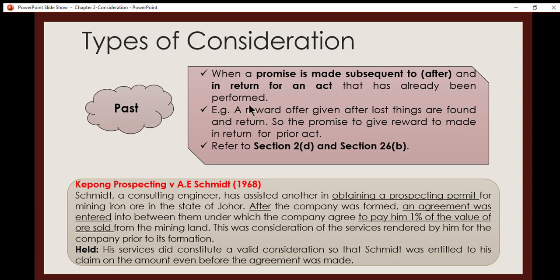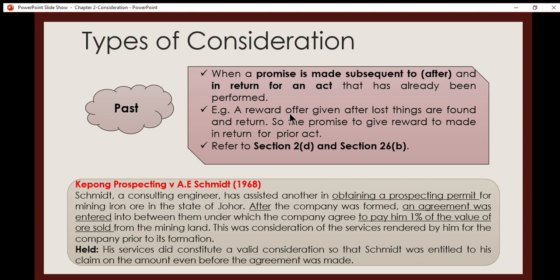For example, a reward offer given after lost things are found and returned. So the promise to give a reward is made in return for a prior act. This is different from executed consideration, because in executed consideration, the promisor already announced the reward, the reward offer to the other party.